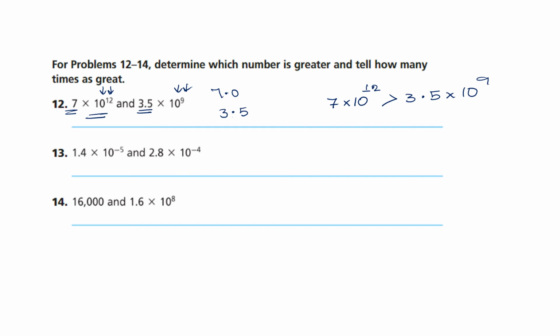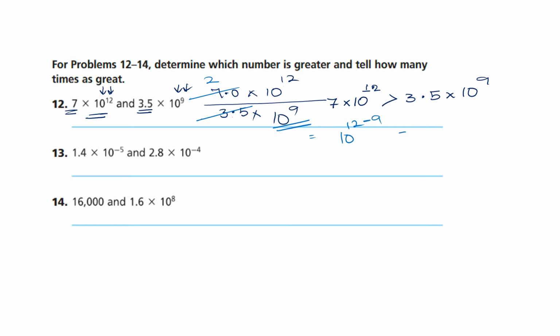So what do you do? You take the ratio of the bigger with the smaller. So the big one is 7 times 10 to the power of 12 and the smaller is 3.5 times 10 to the power of 9. Now, look at this. You know 35 times 2 gives you 70, right? So it gives you 2. Now 10 power 12: we will write 10 to the power of 12 as it is. 10 to the power of 9 is in the denominator, so change the sign.